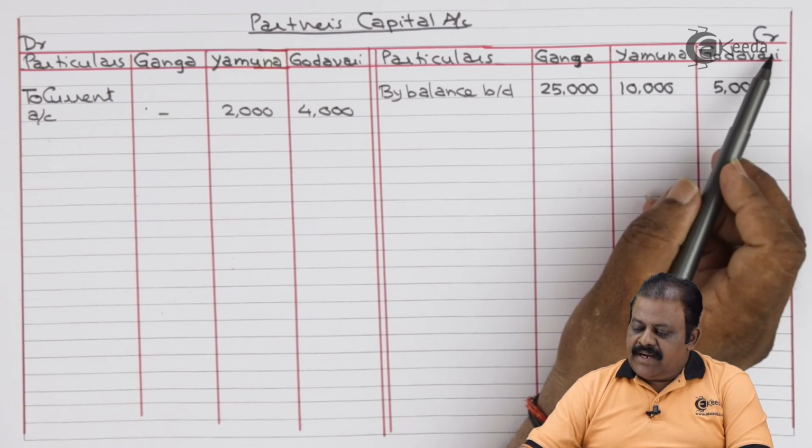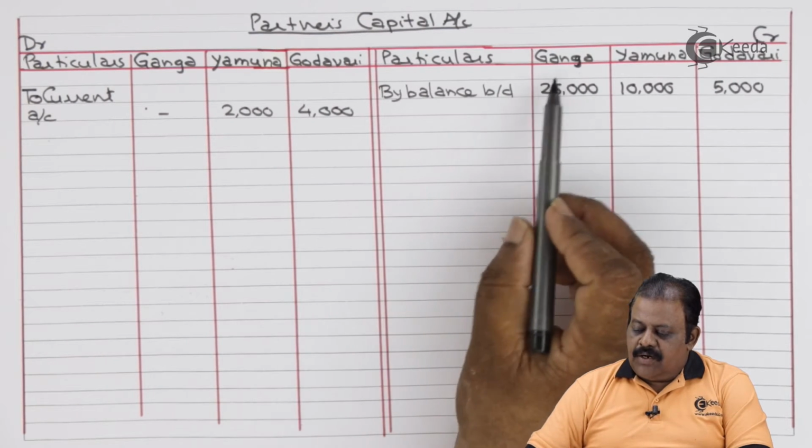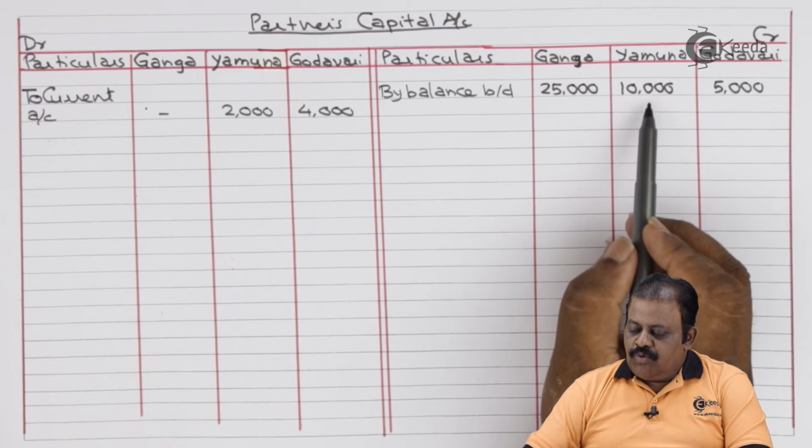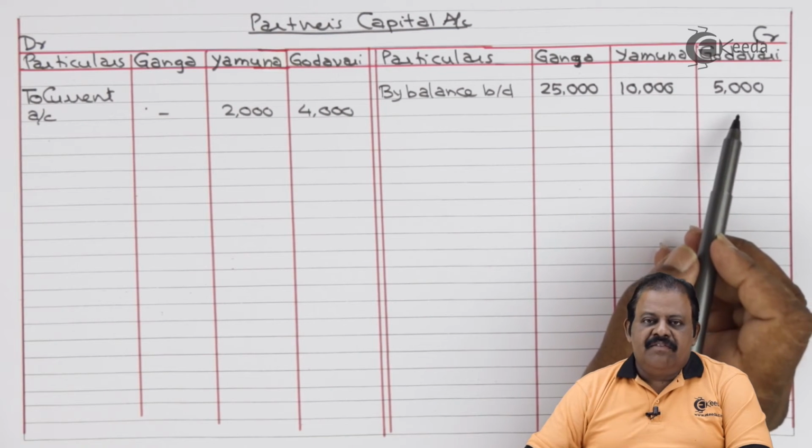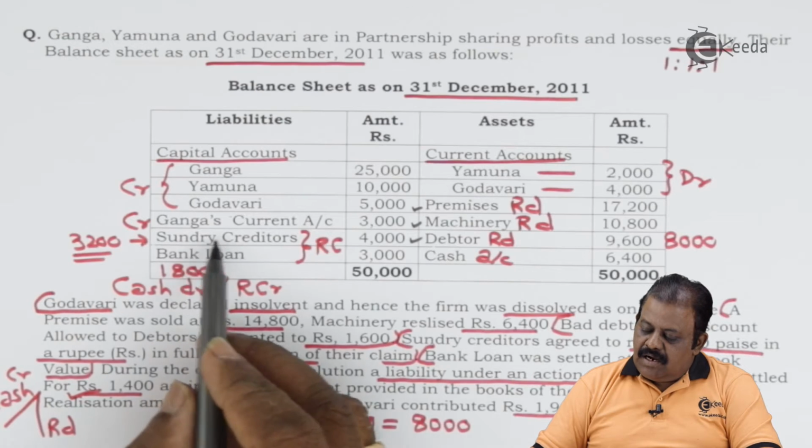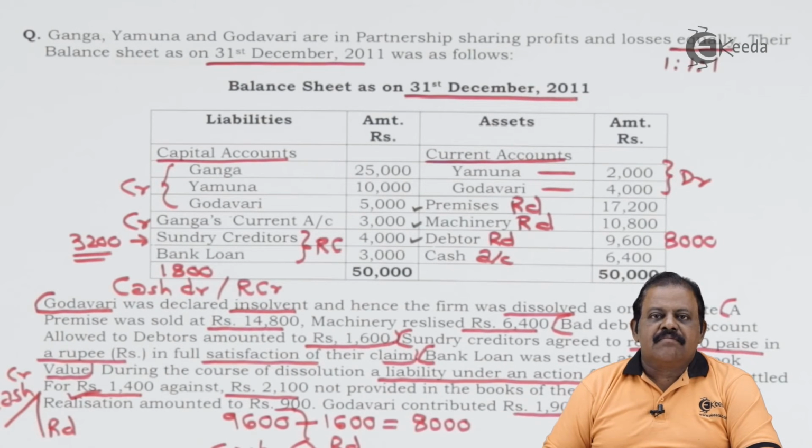Partners capital account credit, by balance brought down, Ganga 25,000, Yamuna 10,000, Godavari 5,000. Ganga's current account 3,000 will be transferred to her capital account on credit side.